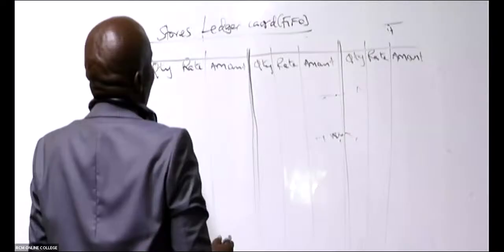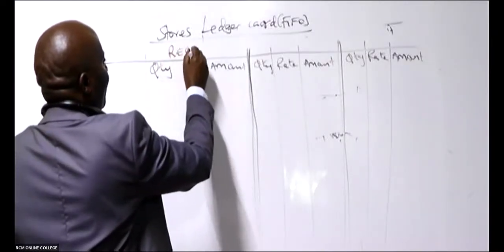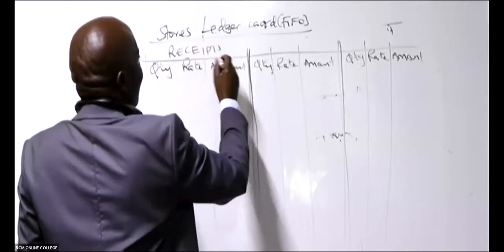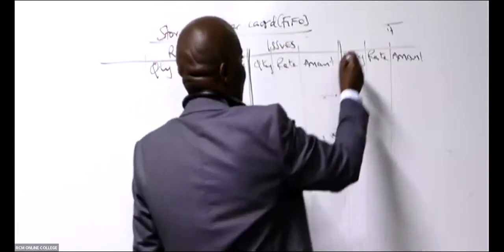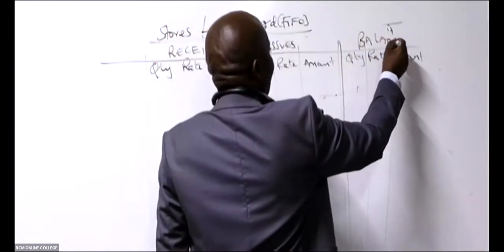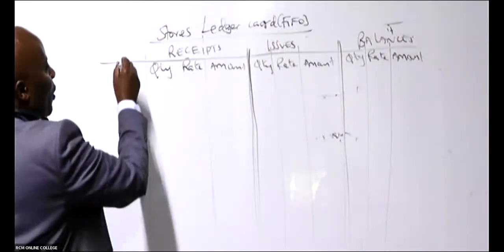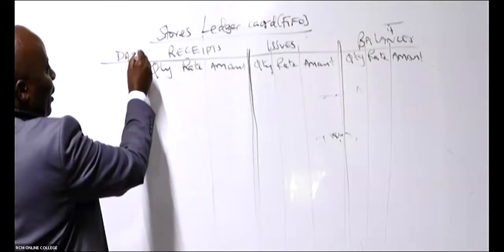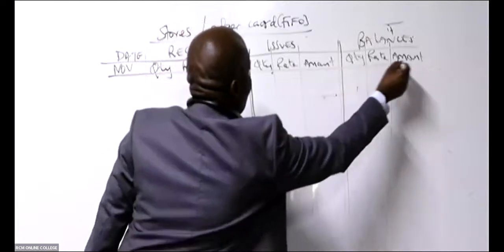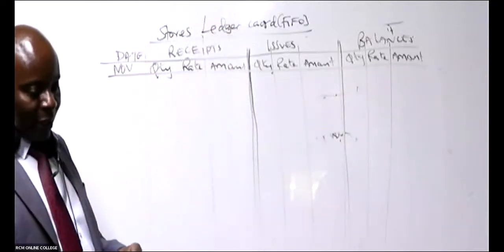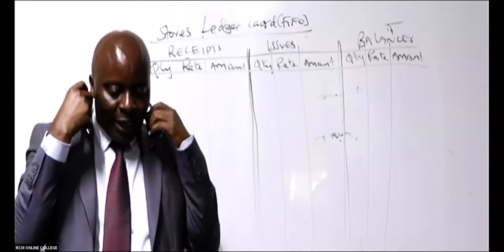The first one here is receipts, then we shall have issues, then balances. And of course, here we shall have the date, and then you write the month of November. Once you finish writing up yours, mention there Y for yes.